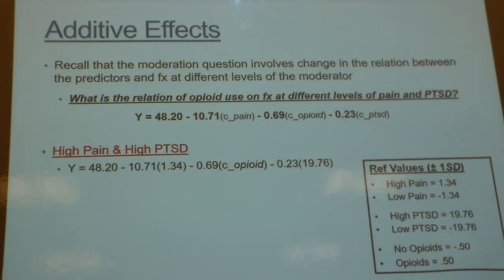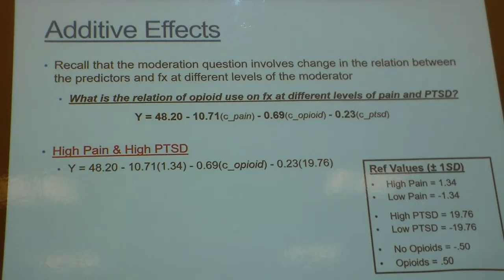So I take my regression equation, run it out, with the intercept and my slope for pain, and here is going to be a high level of pain, because I've centered pain and I'm setting high levels of pain. I'm conceptualizing high levels of pain as one standard deviation above the mean, so I'm setting this value of 1.34 to correspond to high levels of pain.